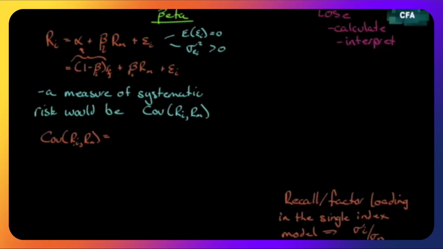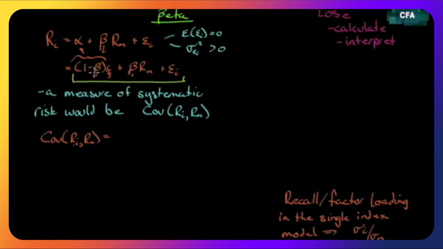So the covariance between Ri and Rm, well, what is Ri? Ri is all of this. But the first term is a constant. So what is the covariance of the first term with the return on the market going to be? It's a constant. It's going to be 0. That component of the total is going to be 0, because no matter what this fluctuates to, it'll always be added to a constant.